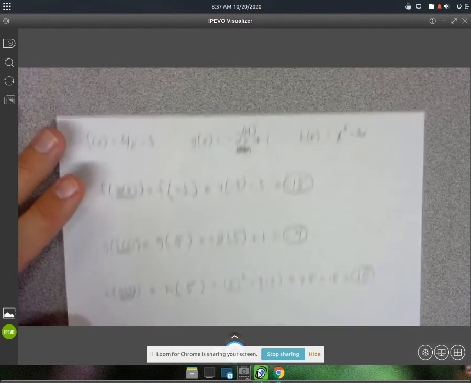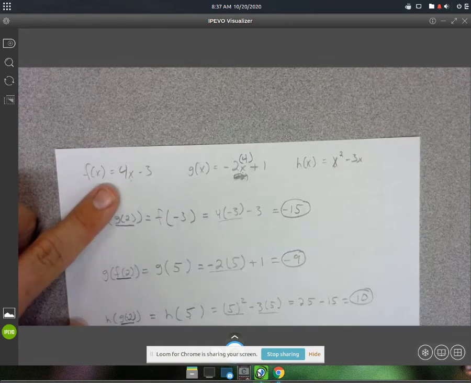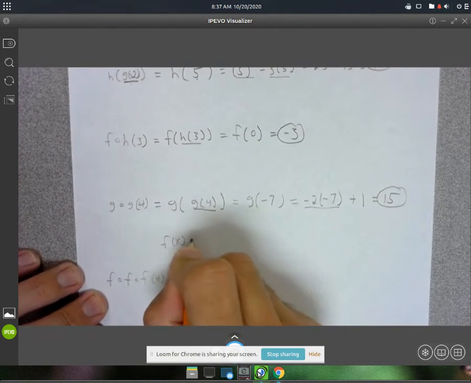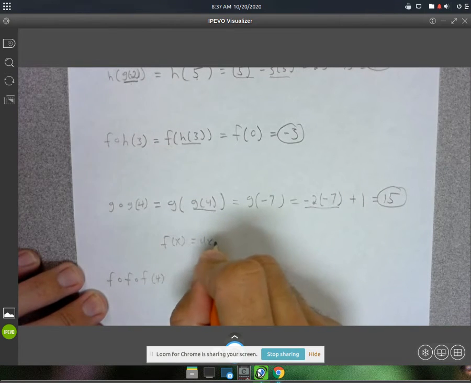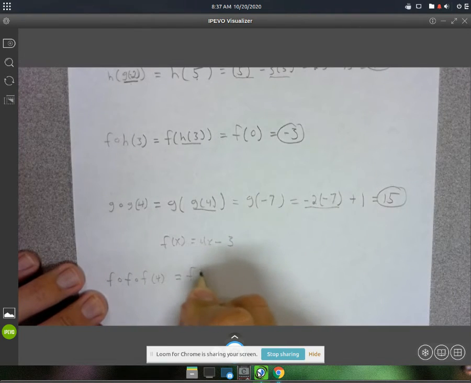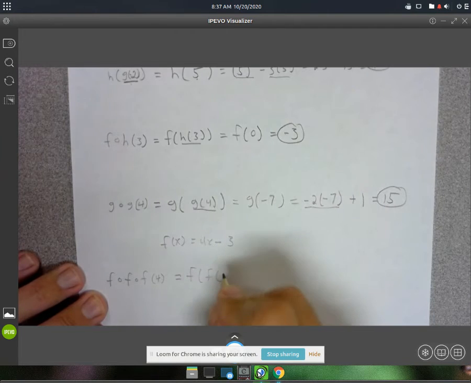I'm going to rewrite f of x is equal to 4x minus 3. We're finding f composed with f of 4. Or if we rewrite it, it's f of f of f of 4.